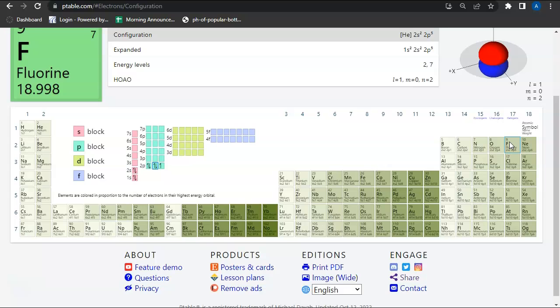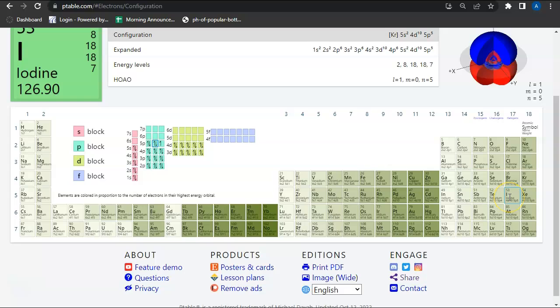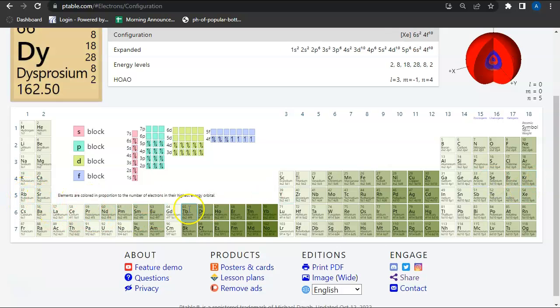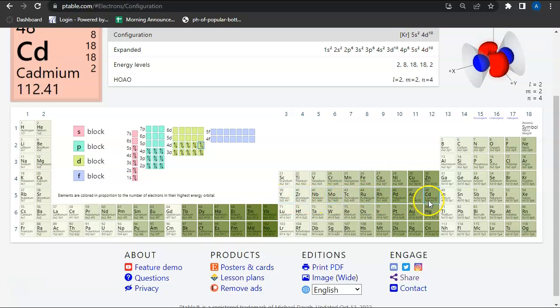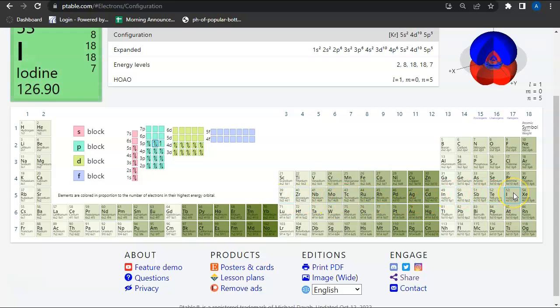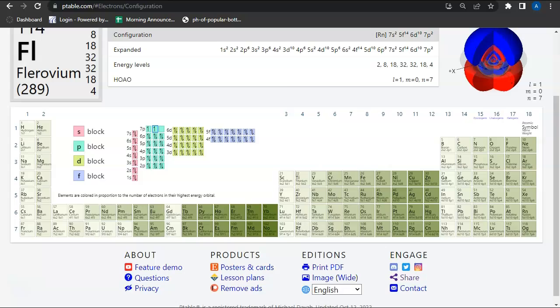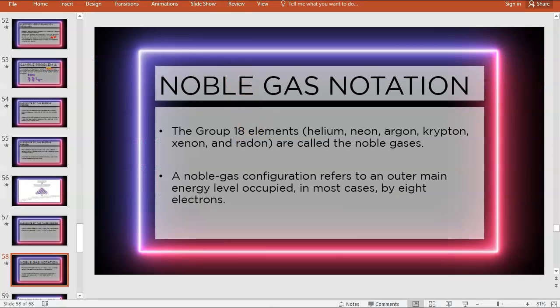That doesn't seem to save us much, but if we come down here to iodine, you can see instead of saying 1s2, 2s2, 2p6, 3s2, 3p6, etc., I can just write krypton, because krypton encompasses all of that before 5s2. I can just say krypton and then come down to say 5s2, 3d10, and 5p5. So we'll look at writing that out here.